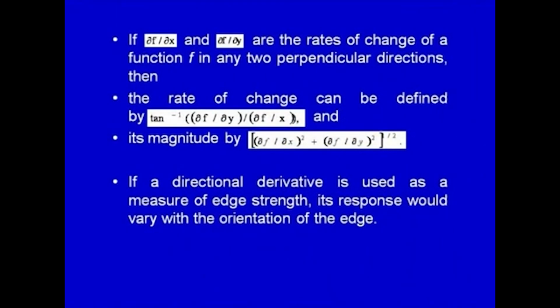If delta f by delta x and delta f by delta y are the rates of change of a function f in any two perpendicular directions, then the direction of the rate of change can be defined by the tan inverse of the differential of the function f with respect to y divided by the differential of f with respect to x, and its magnitude can be expressed by taking the square of the differential with respect to x plus the square of the differential of f with respect to y, and taking the square root of the two.